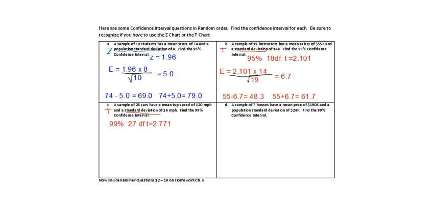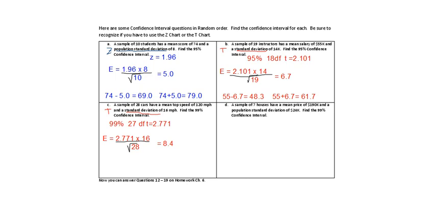All right, now we can find the error, which is 2.771 times 16, and divide by the square root of 28. And that's going to equal 8.4.